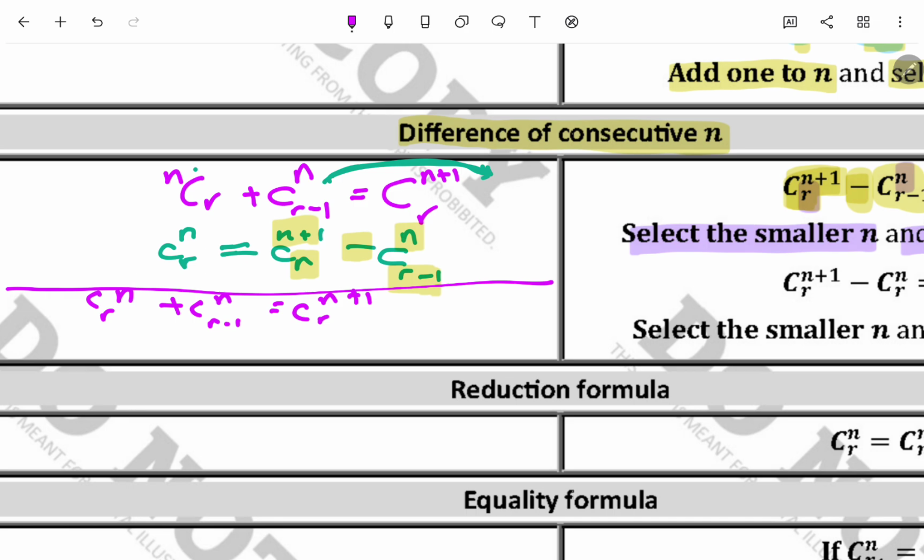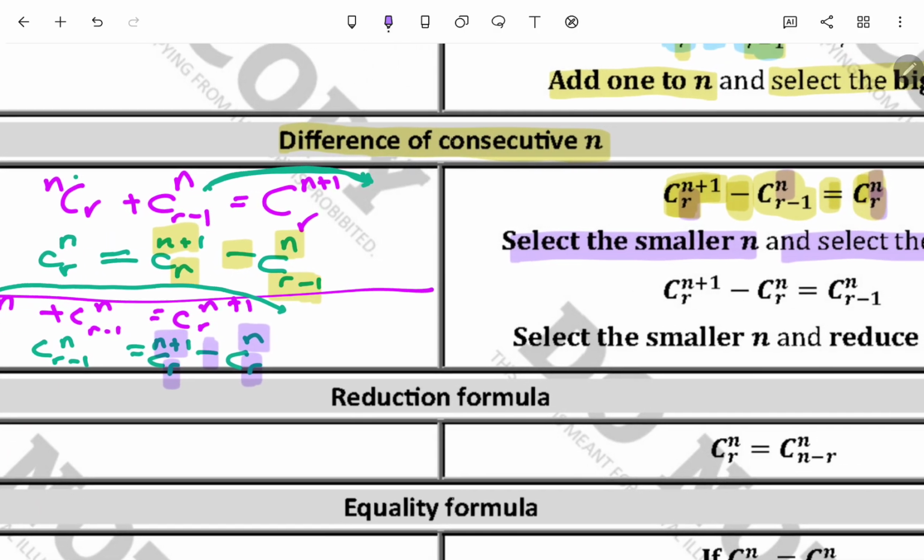I can now move nCr and see what is left. Here nC(r-1) stays equal to (n+1)Cr minus nCr. You can see that we have the same r here, nothing bigger than the other, and you have consecutive n.